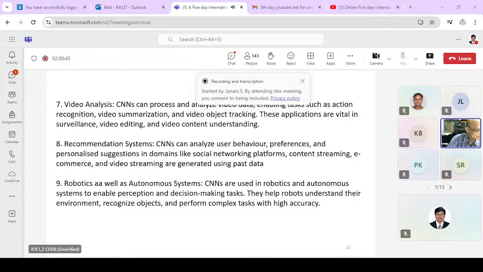These applications demonstrate the versatility and effectiveness of CNNs across various domains, showcasing their immense potential in solving complex visual tasks.